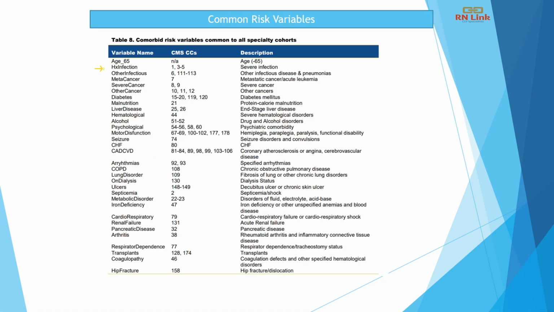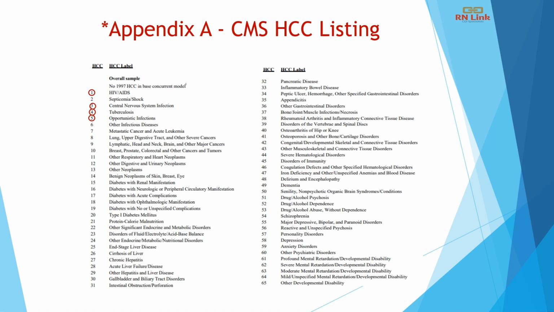This is a table of common risk variables for CMS. As you can see, for example, history infection, CMS condition category is HCC 1 and 3 to 5. Description is for severe infection. You can see HCC listing in Appendix A.